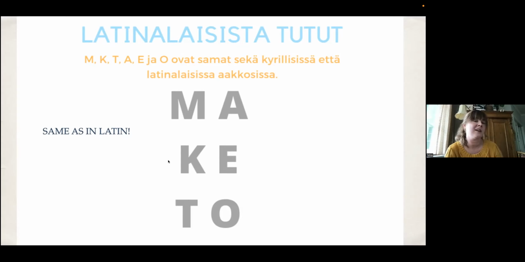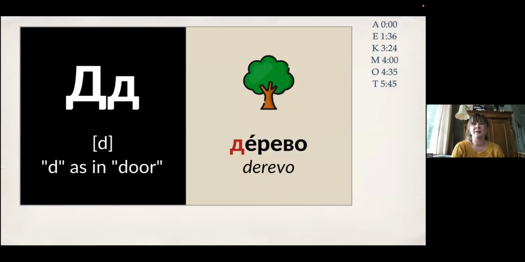And in English, I made another mnemonic. Those of you who are English native speakers can remember these from AM keto. It's like a morning keto, AM, reading from backwards, AM keto. Okay, so let's go forward then. I have another video here from YouTube where we will practice only these letters today.